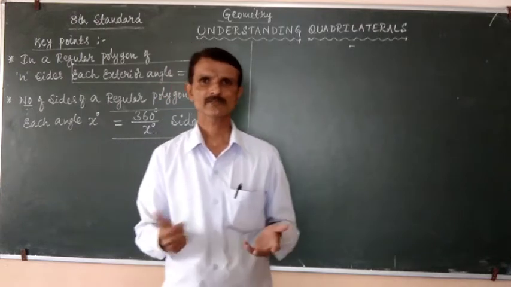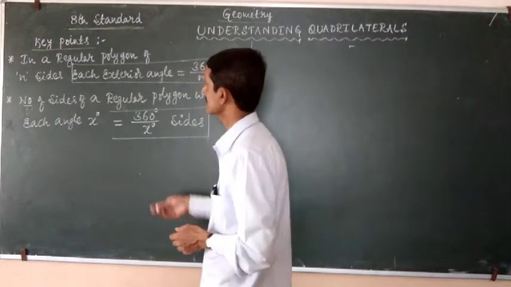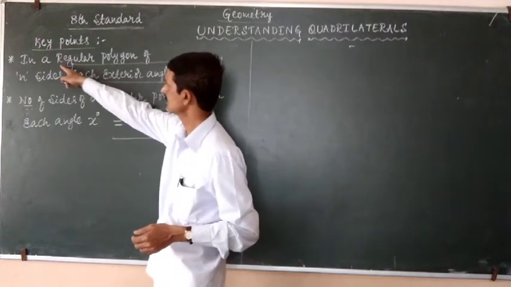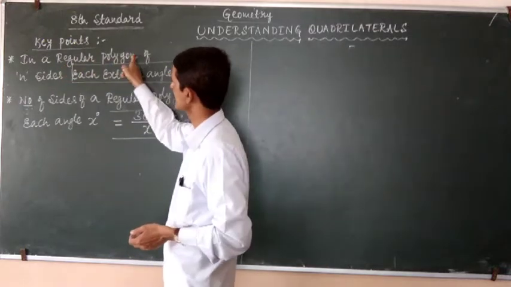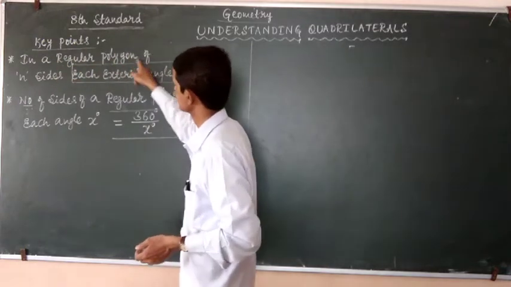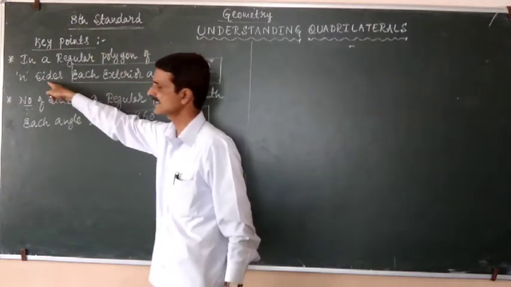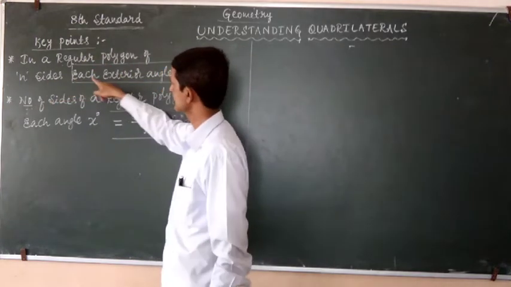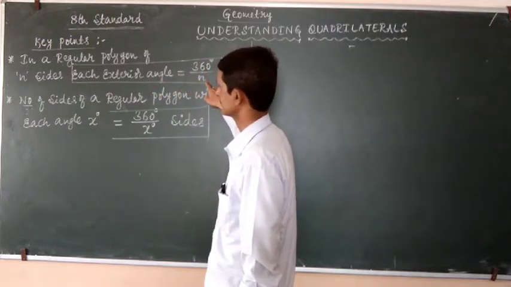For example, an equilateral triangle is a regular polygon. Observe the key point here to do the next main problem. In a regular polygon of n sides, each exterior angle equals 360 degrees by n.